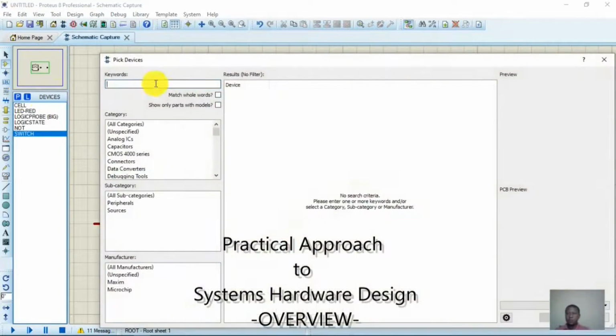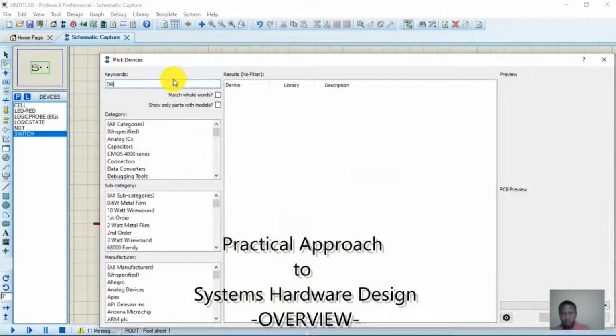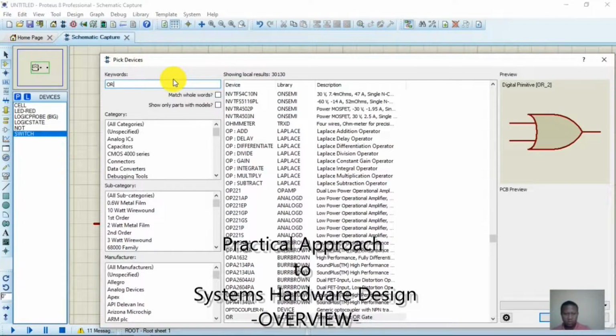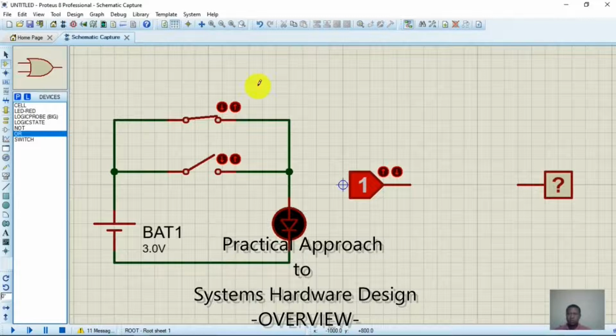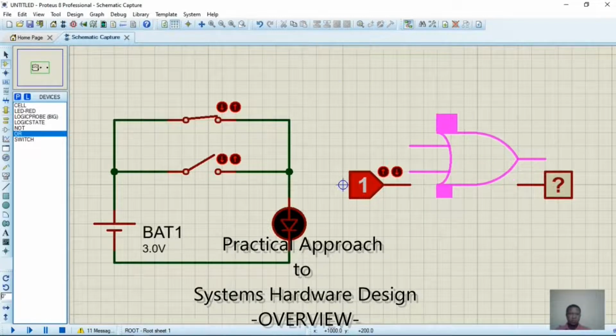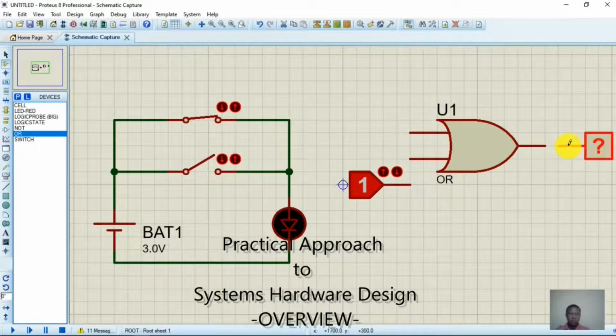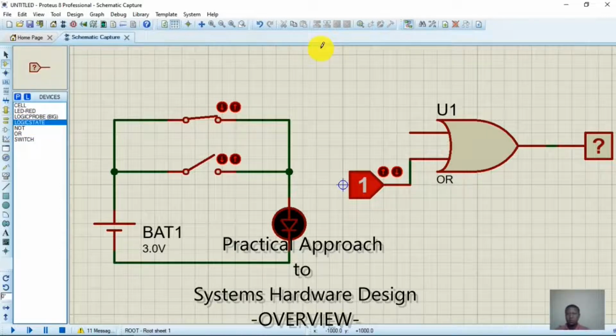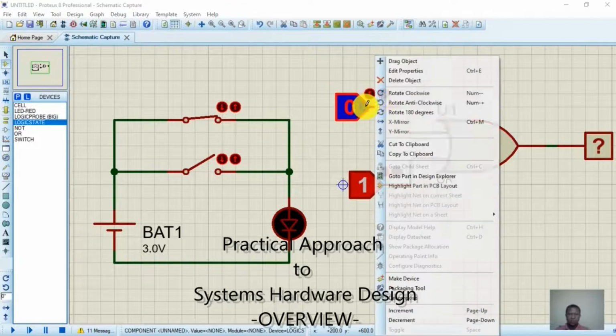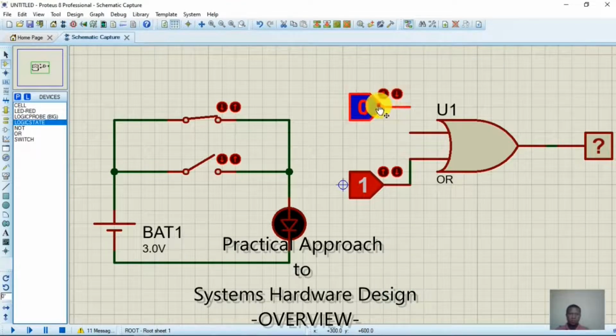So let me pick the OR gate. So this is it now.